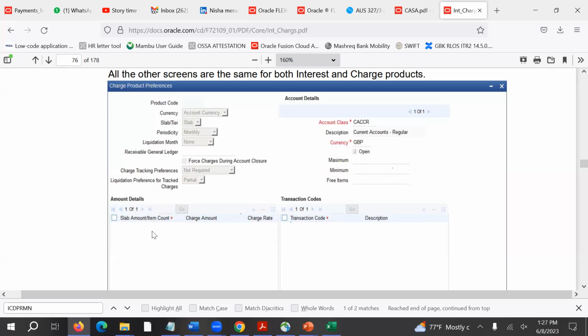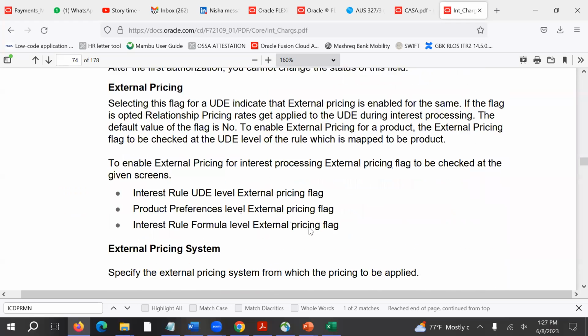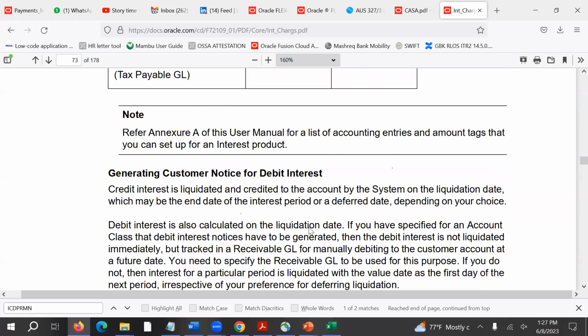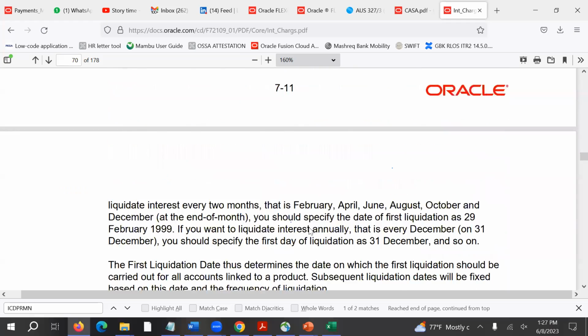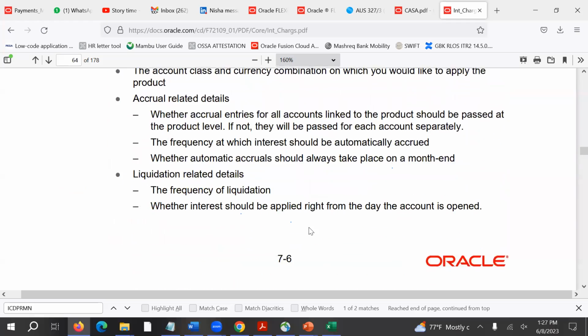Here I mention what is the slab amount. And I mentioned to you about cash withdrawal and deposit. As you all know, for each and every transaction, we use the transaction code, so we can put those transaction codes. What if it is an item count? See, charge basis screen, right? And the interest screen.